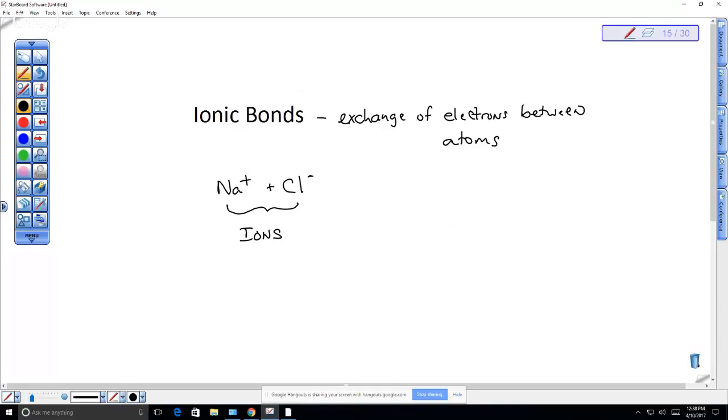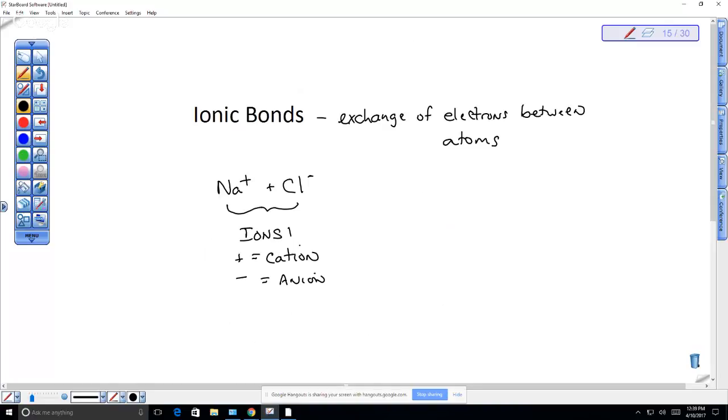If it has a positive charge, it's said to be a cation. So sodium is actually a cation because it has a positive charge. And chloride is an anion. So the negative charge equals an anion. Okay, but they're both examples of ions.